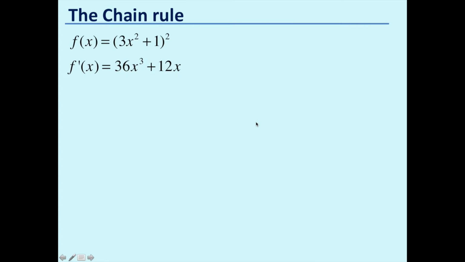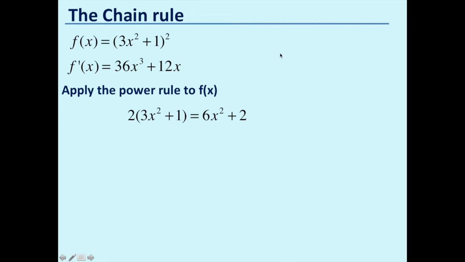If we use the power rule to find the derivative, we can see that we would end up with this. Bring the power down in front, so 2 times (3x squared plus 1), subtract 1 from the power, leaves us with that. So the derivative would be 6x squared plus 2, which is not the correct answer. We've already found that this is the correct answer. So how can we get from here to here?